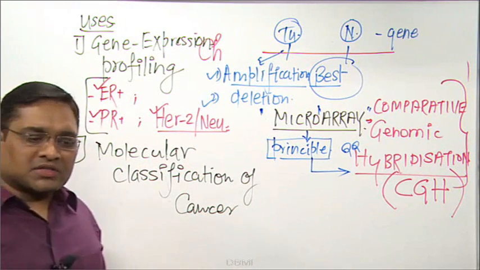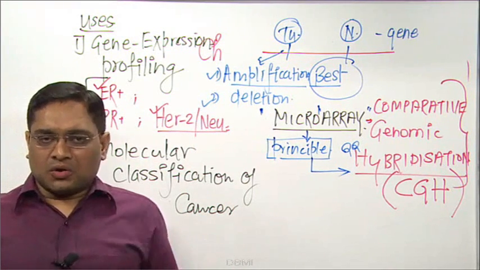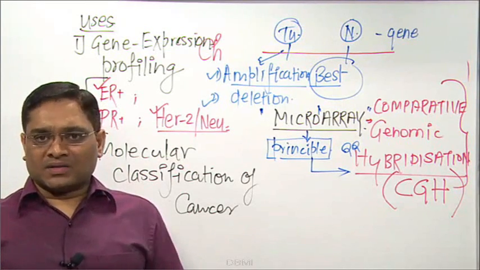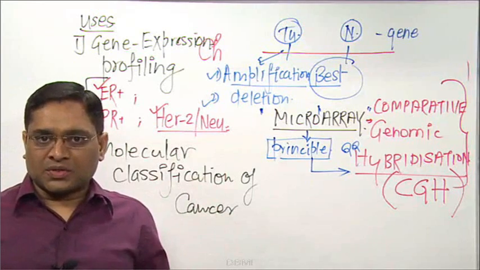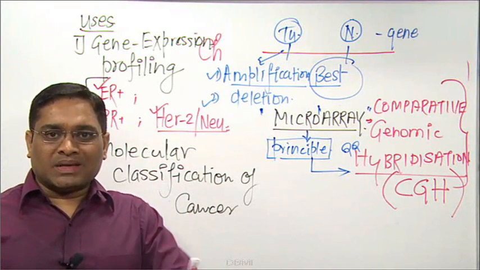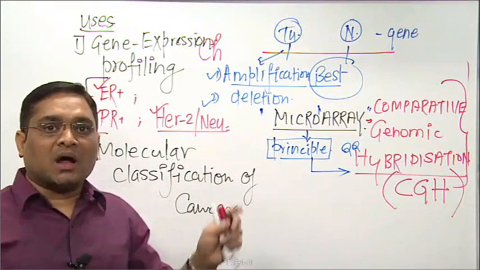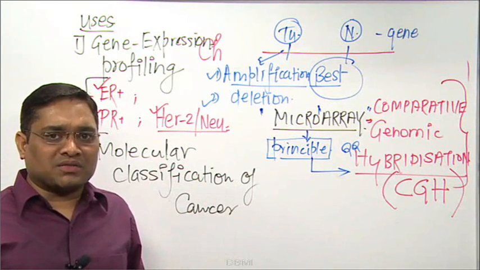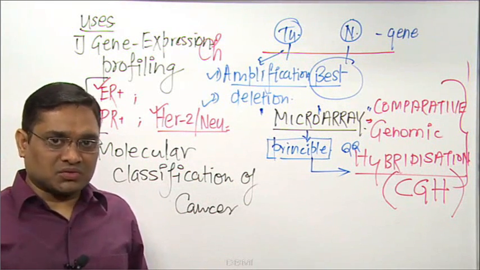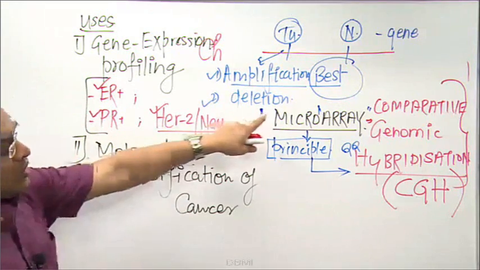So CA breast, and if you see your new Robbins, you will find that CA breast has been classified by molecular classification into 5 groups: luminal A, luminal B, basal-like, normal cell-like and HER2/neu positive. These are the 5 groups of molecular classification of CA breast. So just remember, what is the role of microarray?